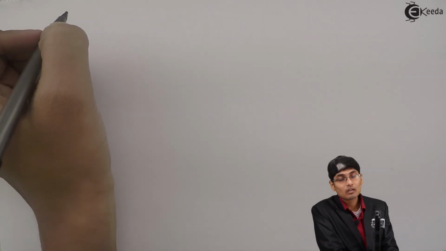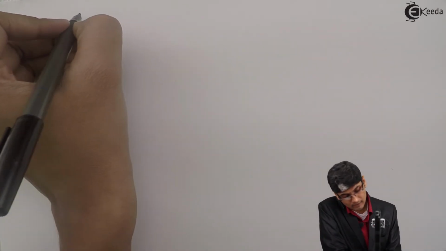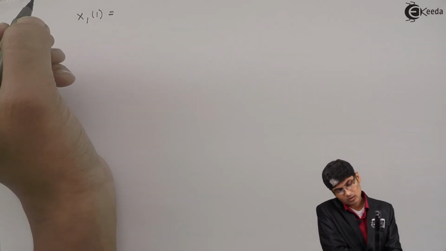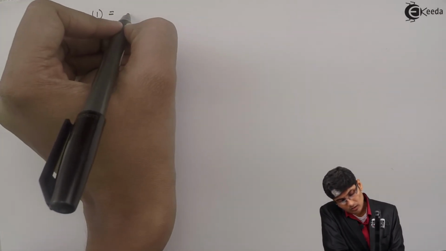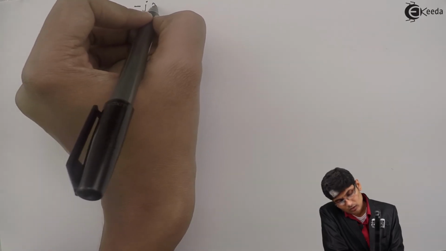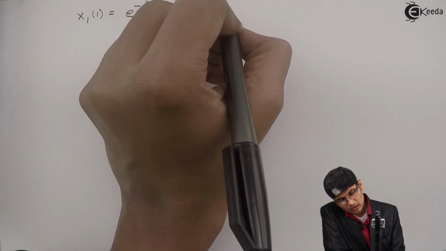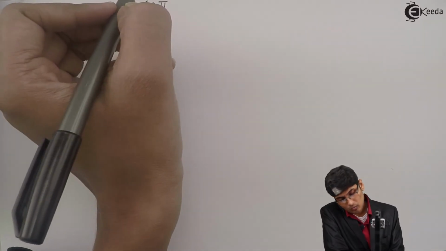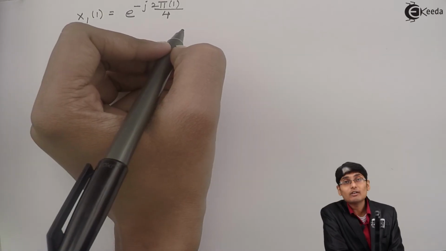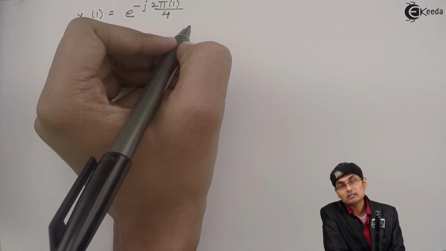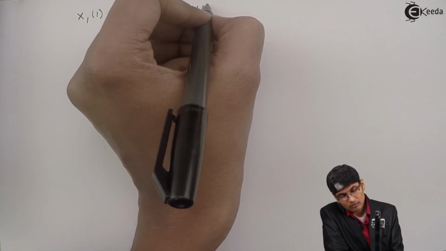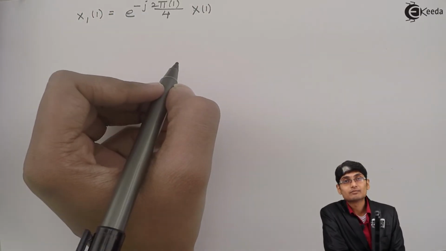So, for x1 of 1 we will be having e raised to minus j 2 pi. Now, here k is 1 by 4, value of L is 1 and k is now 1. So, then we get x of 1 over here.